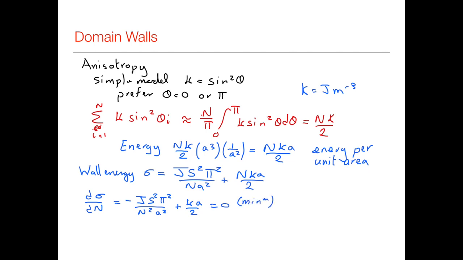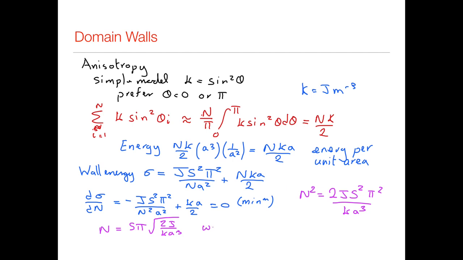And that will tell me that n squared is equal to 2J S squared pi squared over K a cubed. And so finally, my equilibrium value of n is equal to S pi times the square root of 2J over K a cubed.